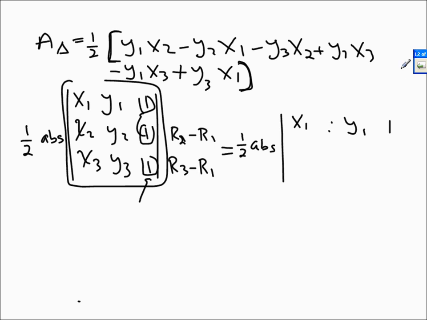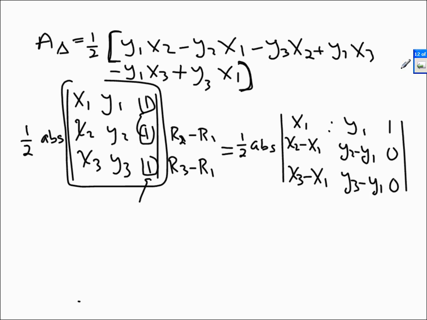Row 2 minus row 1 is x2 minus x1, y2 minus y1 and 0. And I do row 3 minus row 1. Rows are x3 minus x1, y3 minus y1 and 0. Okay, this is equal to 1/2 the absolute value of that determinant.